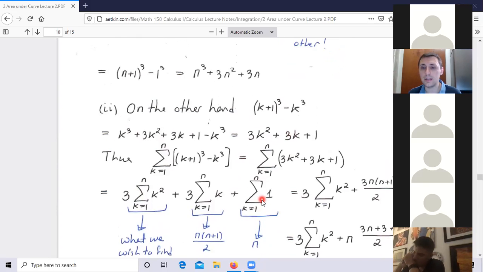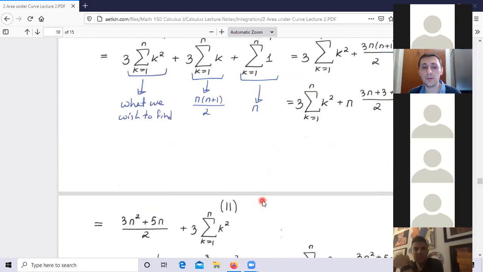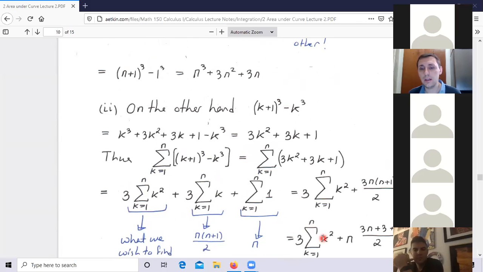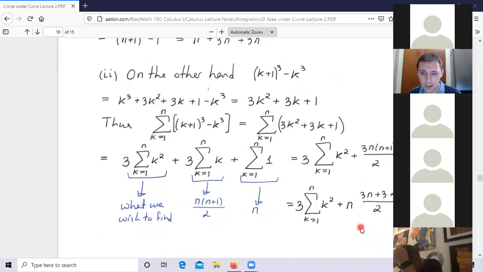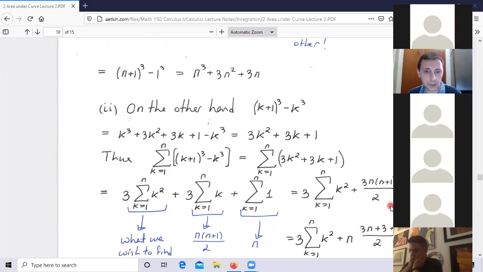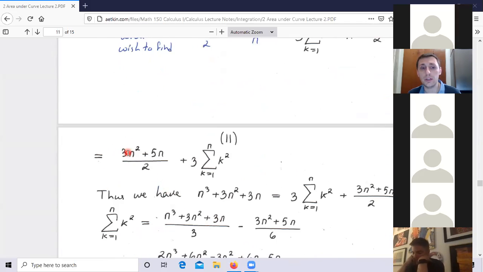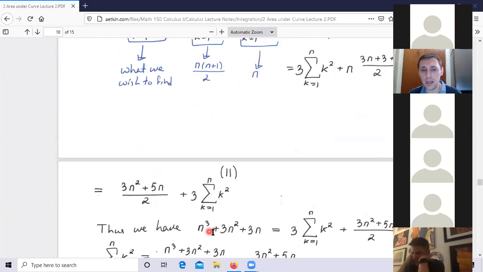So what I have is that this formula is what? This formula is, if I simplify, n plus 3n. So you see you multiply it out and add n to it, and this is what you get: 3n squared plus 5n over 2 plus 3 summation of k squared. And so what we have is n cubed plus 3n squared plus 3n obtained from the telescoping sum is equal to 3 times the sum I want to understand plus this number.